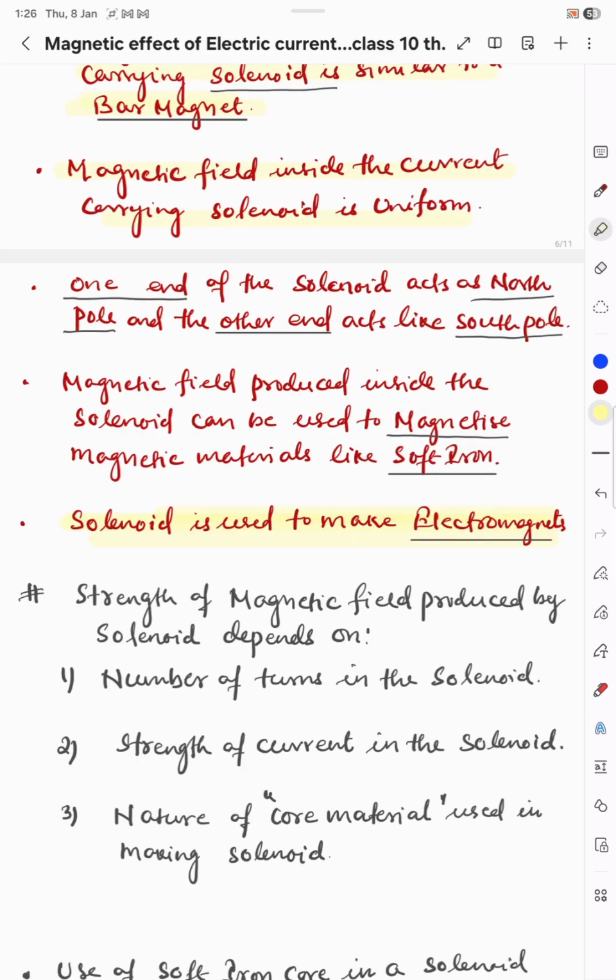Now the strength of the magnetic field produced by the solenoid depends upon the number of turns in the solenoid. So the more number of turns, the stronger will be the magnetic field generated, and the strength of the current also decides the strength of the magnetic field. So if we have a higher current flowing through that circuit, the magnetic field will be stronger. And the nature of the core material used is also important here.